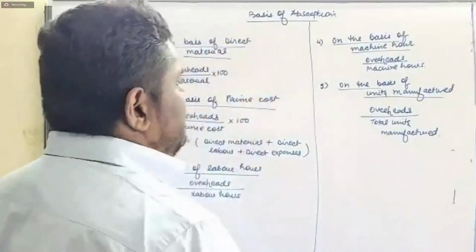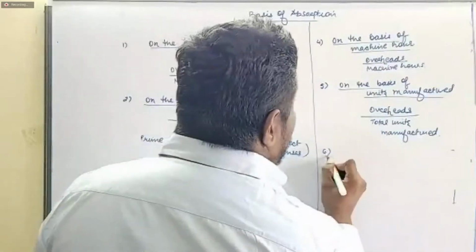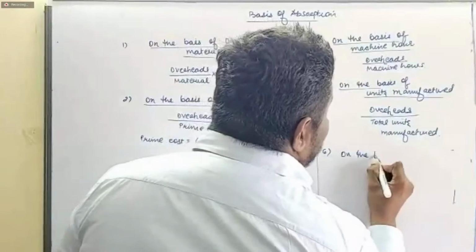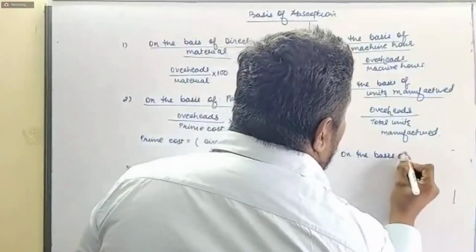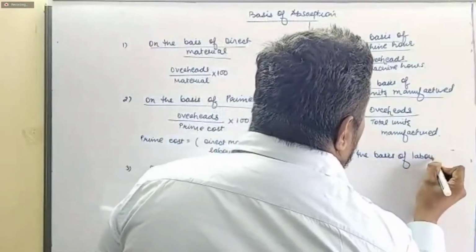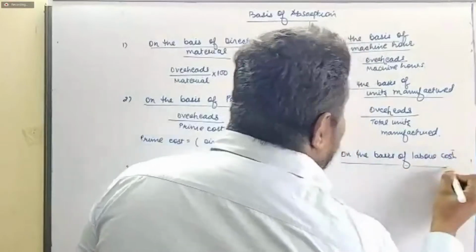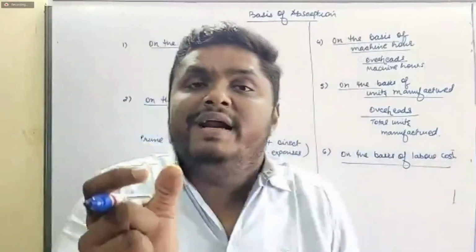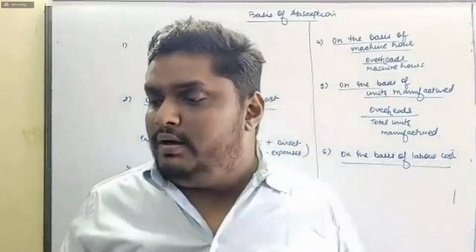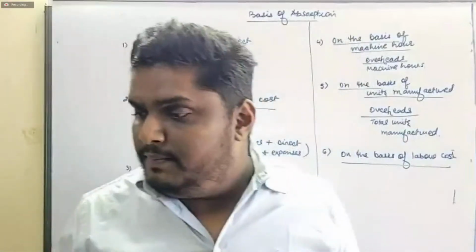You can calculate on the basis of total labor cost also, wherein on the basis of labor cost, simply when the cost is involved, overheads divided by labor cost into 100. I have not checked the study material.